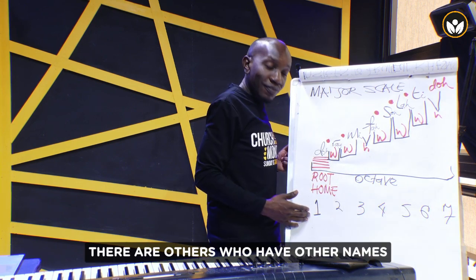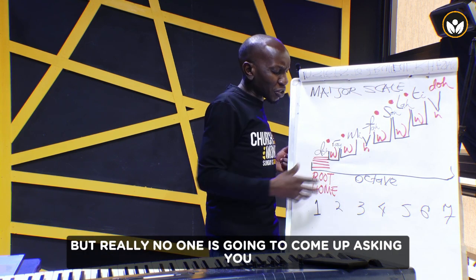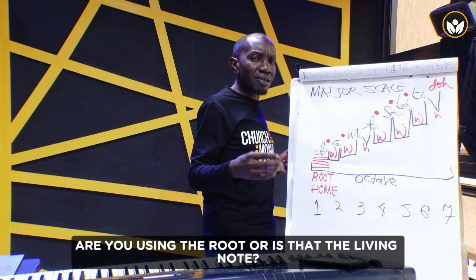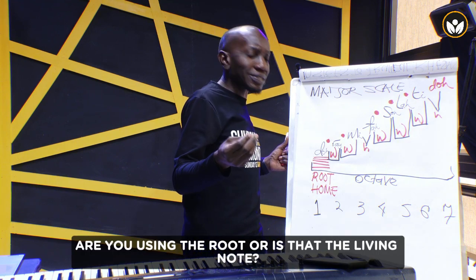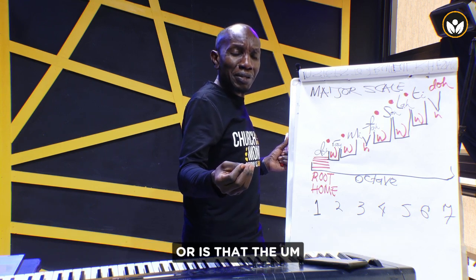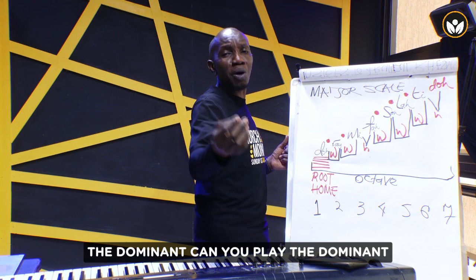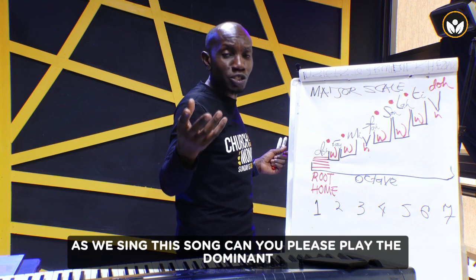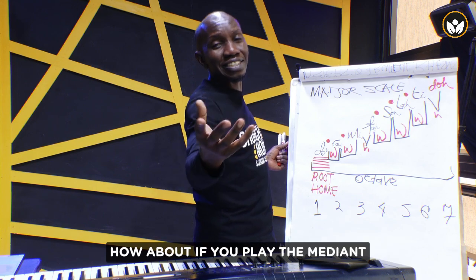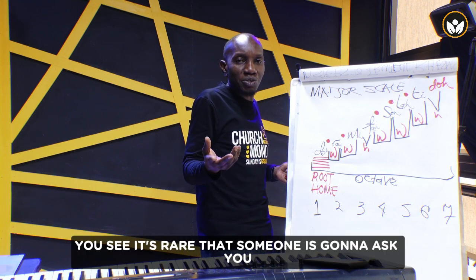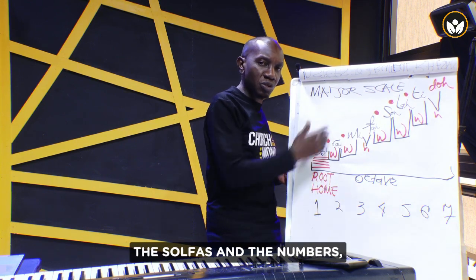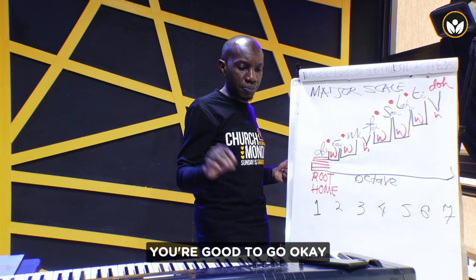There are others who have other names, but really, no one is going to come asking you, are you using the root, or is that the leading note, or is that the dominant? Can you play the dominant as we sing this song? How about if you play the mediant? You see, it's rare that someone is going to ask you. It's good to know, but I feel like if you know the solfege and the numbers, you're good to go.